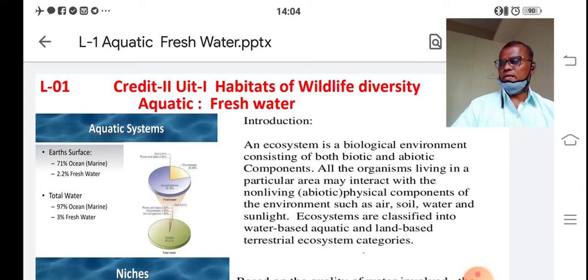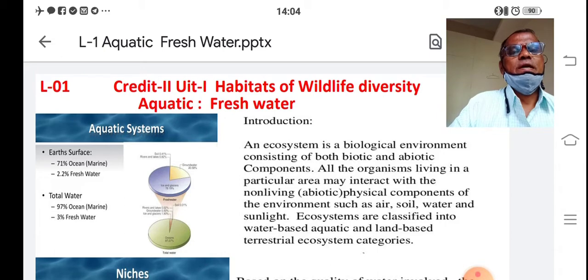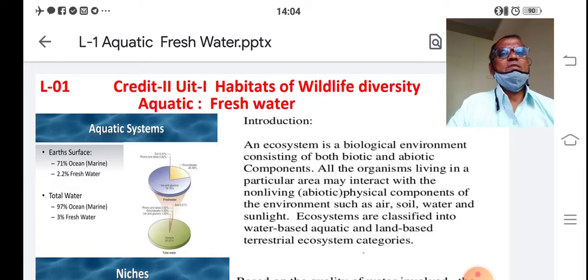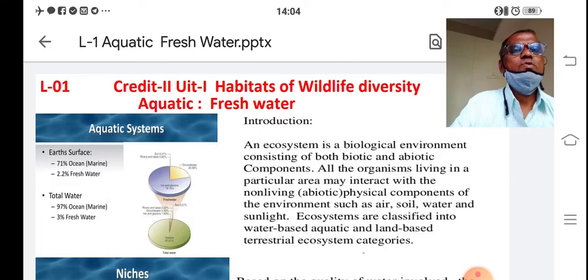In aquatic habitats, as per our syllabus, there are freshwater, marine water, and brackish, that is estuarine, water. In ecological study, up till now in FYBSc and SYBSc you have heard the word ecosystem. An ecosystem is a biological environment which shows biotic and abiotic components, that is, living and non-living components.